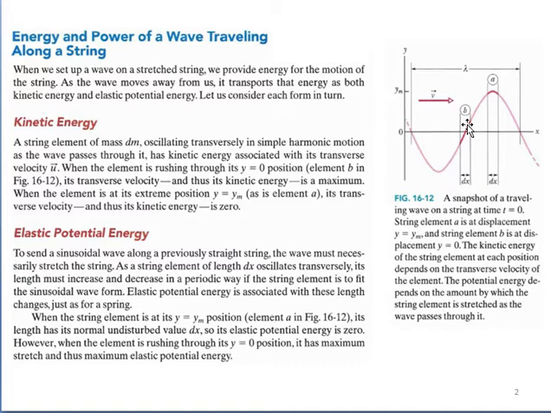This element will have kinetic energy due to its transverse motion, that is the transverse velocity u. When the element is rushing through the equilibrium position, where y is equal to 0, it has maximum speed and thus has maximum kinetic energy.